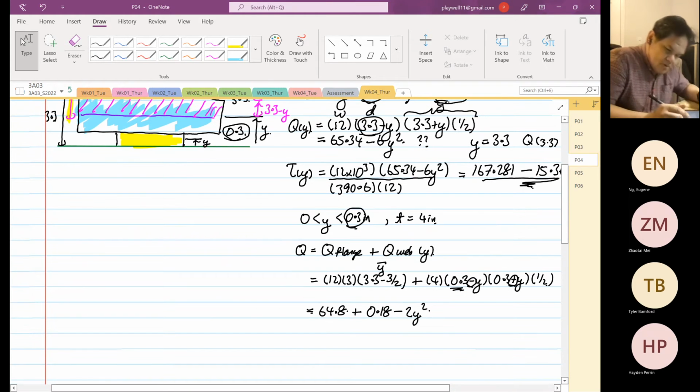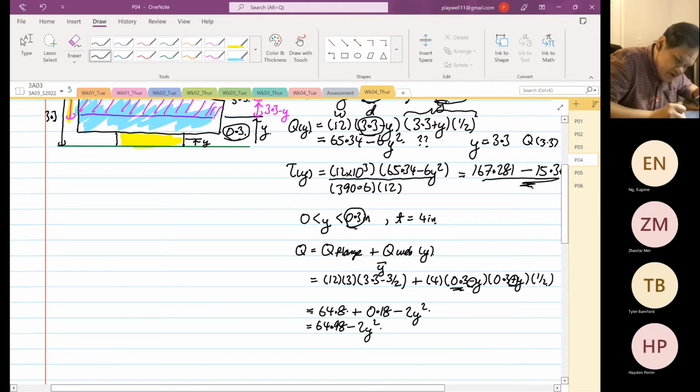Okay. So this will be equal to 64.8 minus 0.18, no, 64.8 plus 0.18, which is 64.98. So 64.98 minus 2y squared.